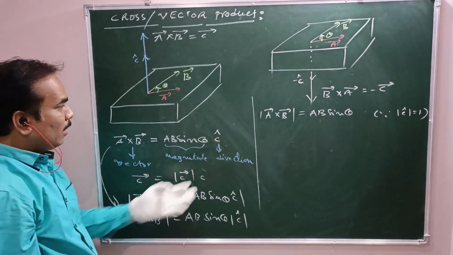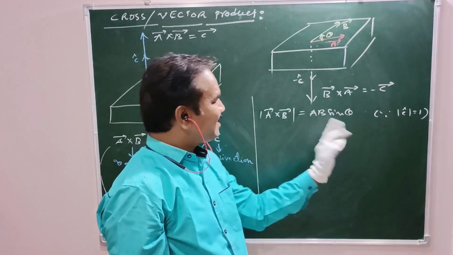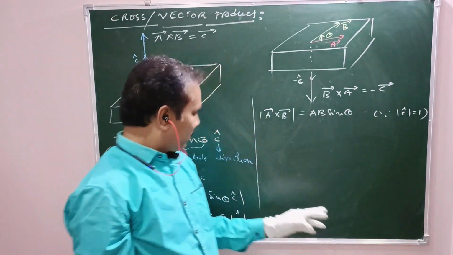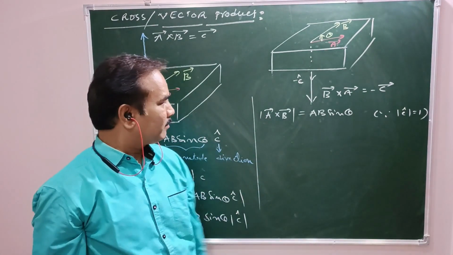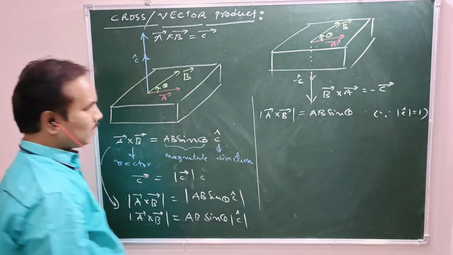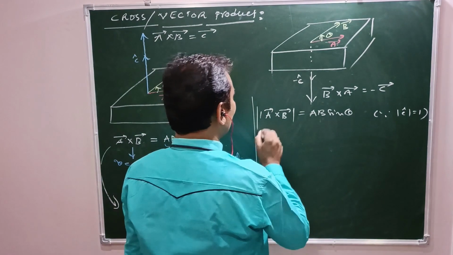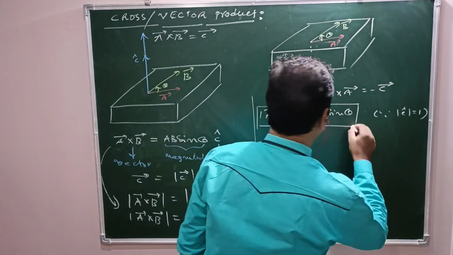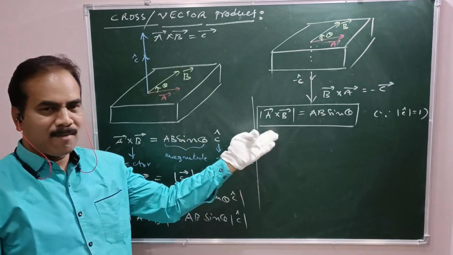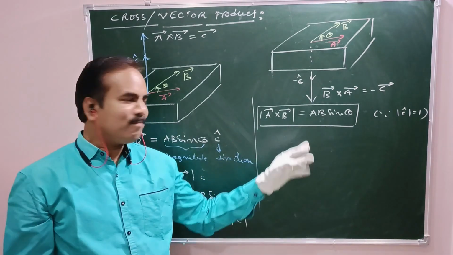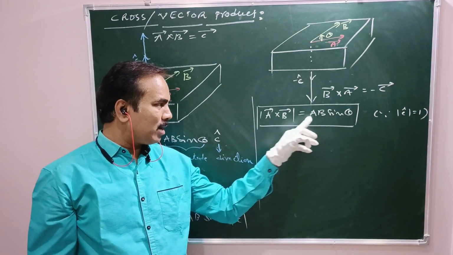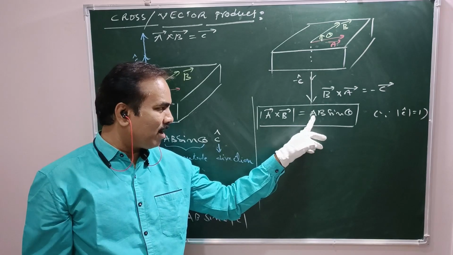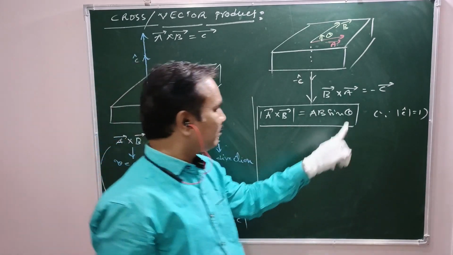Now mod A bar cross B bar equals AB sin theta, since mod C cap is 1. This is the magnitude of the cross product of A bar and B bar. Mod A bar cross B bar equals AB sin theta, that is mod A bar mod B bar sin theta.